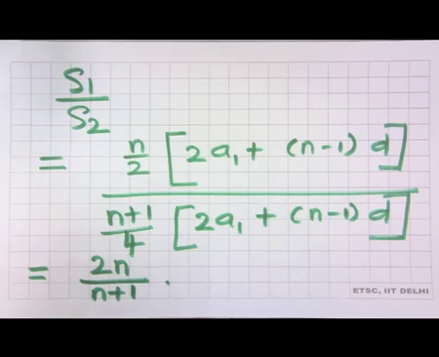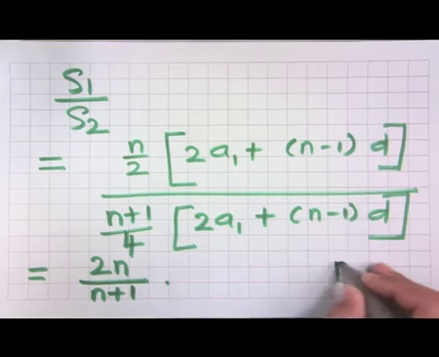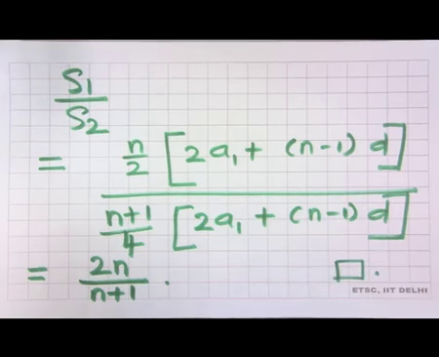This is the ratio of the sum of first n terms to the sum of terms occurring in the odd places. This completes the solution.